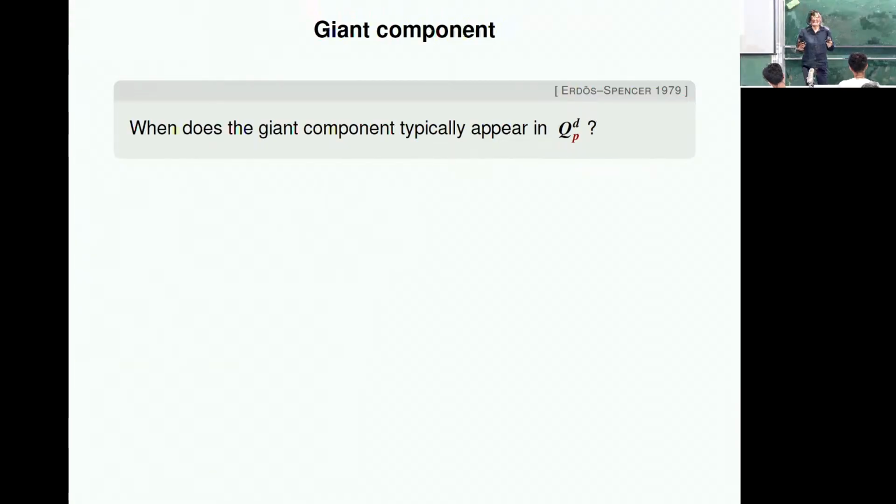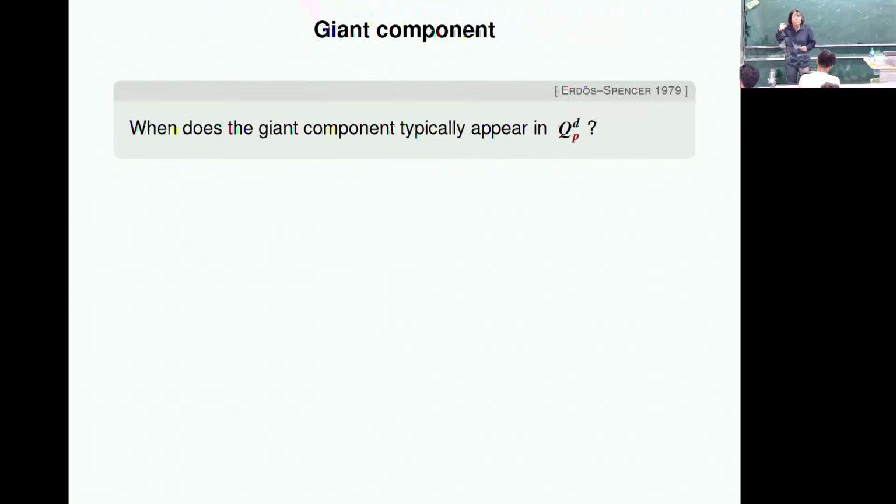A giant is a component whose order is much larger than the order of the second largest component. It's a giant in the sense that its order is much larger than the others. Sometimes there could be many such giants, but usually you talk about the unique giant.